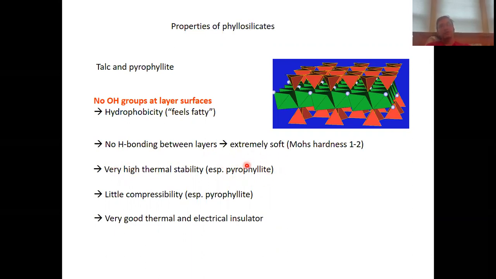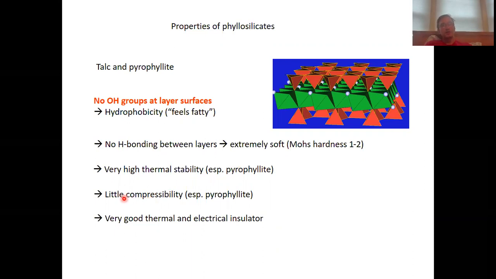That is again because now we have no reactive groups on the layer surfaces. Therefore, it is very hard to make these layer surfaces chemically react with each other, which leads to very high thermal stability.